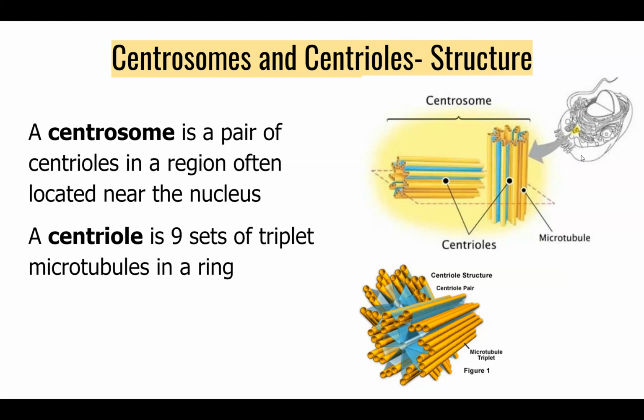That is the centrosome. It's a region near the nucleus. So here's our nucleus, here's our centrosome in our little cell. And it has two centrioles. A centriole is 9 sets of triplet microtubules in a ring.